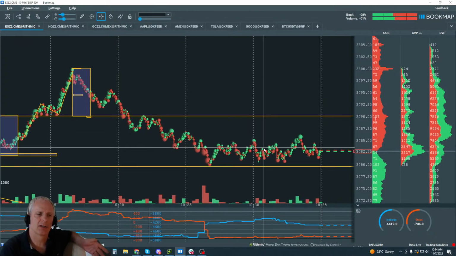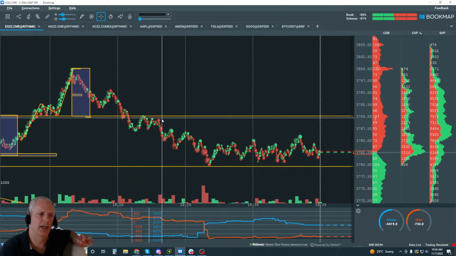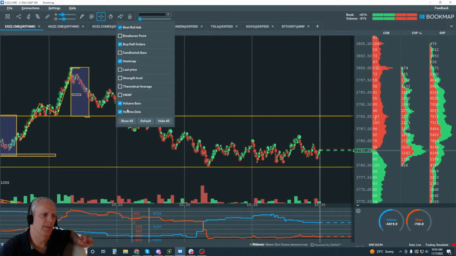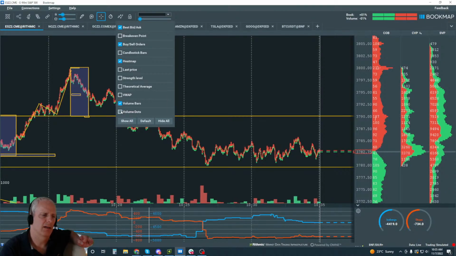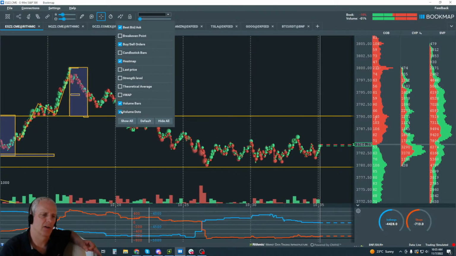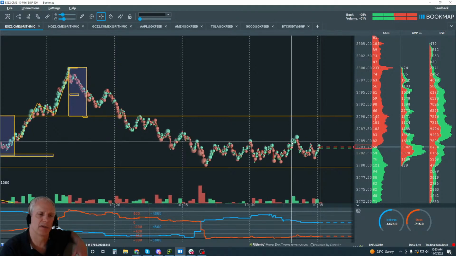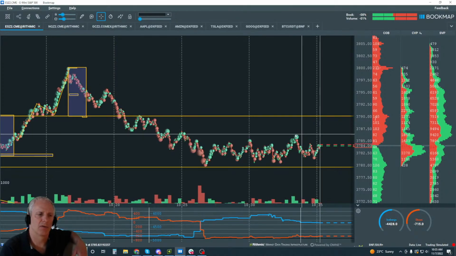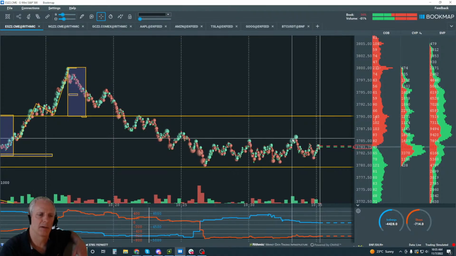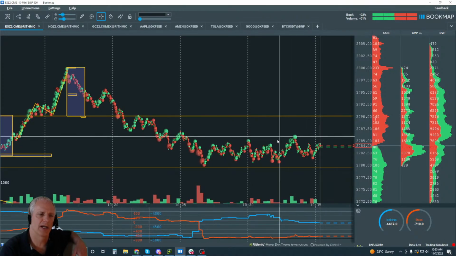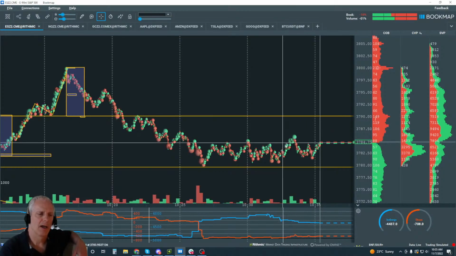Looking at the context of just these two elements, one being price structure, which is just best bid and offer going back and forth, and we're reading that. The other is the volume or the aggressors within it, the market buy and sell orders that actually move price. Well, there's quite a bit of buying up here and quite a bit of selling here, so we don't really know. We're not getting too much out of it right now.